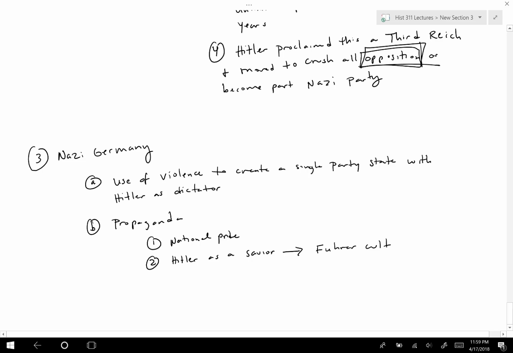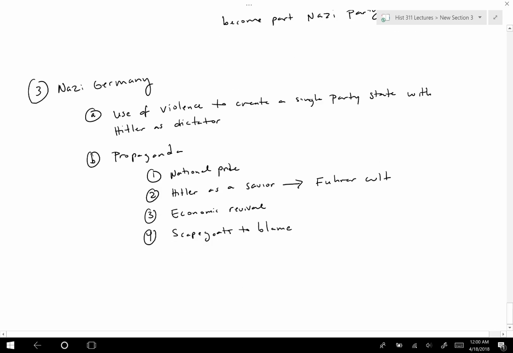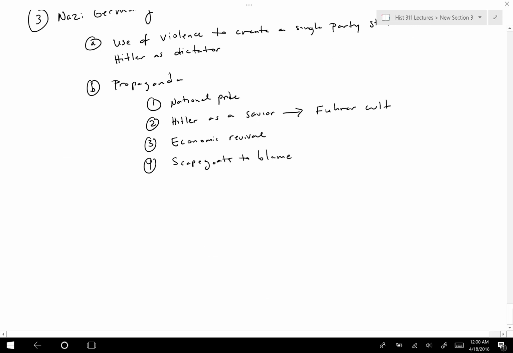He was charismatic, and he did get loyalty and support from people. He promised economic revival. And then, of course, created scapegoats to blame, which is what eventually leads to the Holocaust. But it was also, again, communism and capitalism in the process too, but especially communism.